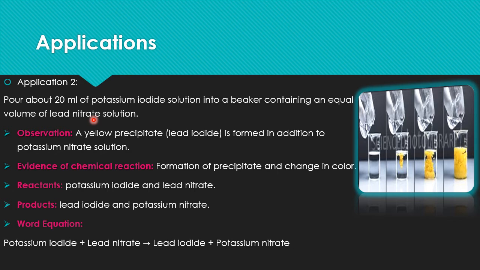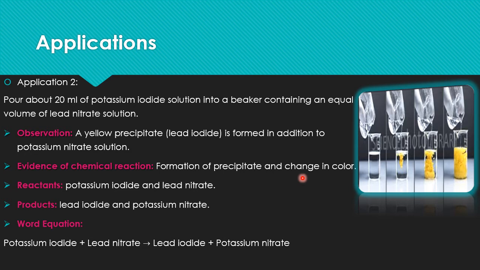Upon mixing both solutions, you will observe the formation of a yellow precipitate, a yellow solid called lead iodide, in addition to the formation of potassium nitrate solution. So what's the evidence for this reaction? Here we have two evidences. First, the formation of a precipitate, a solid, and the change in the color, since we obtain a yellow precipitate.